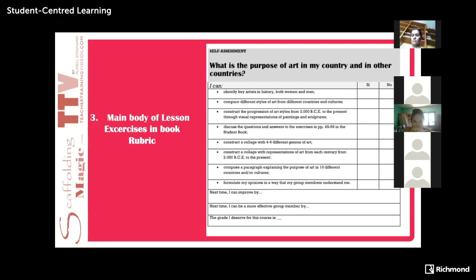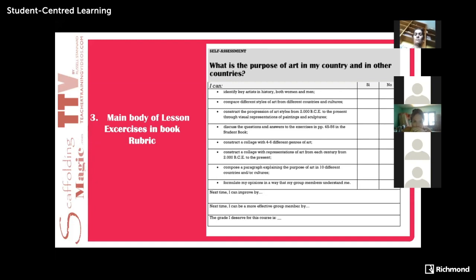Because at the end, if you see on the bottom of this self-assessment rubric, it says, next time I can improve by, it's very important they take responsibility for admitting what they did well or what they could improve next time. Next time I can be a more effective group member by, and I'm going to show you how they really do fill these out honestly. You may not believe it, but they do.